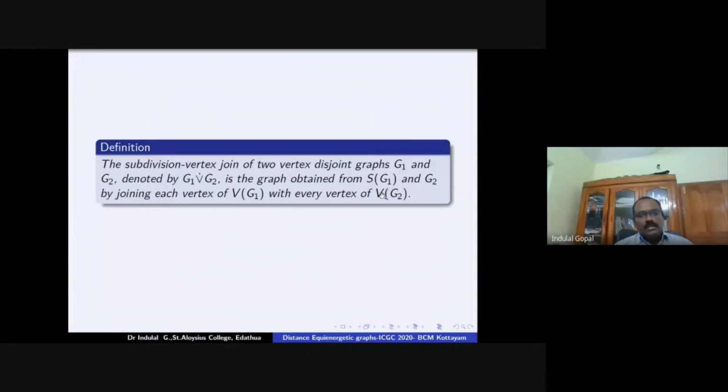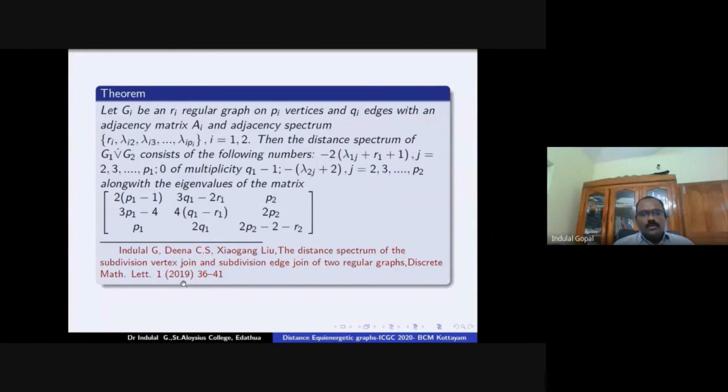We obtained the adjacency spectrum of this join earlier, and in a 2020 paper jointly authored with Liu and Dina Scaria, the distance spectrum of the subdivision vertex join and subdivision edge join of two regular graphs appeared in Discrete Mathematics Letters.